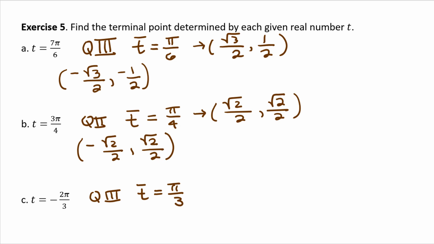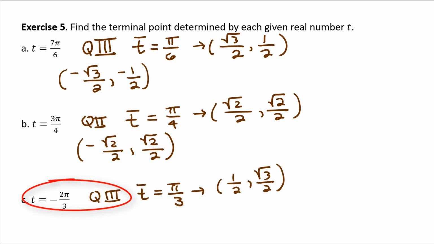From the table, we know that the terminal point that corresponds to this is (1/2, square root of 3 over 2). Now, making an allowance for the fact that negative 2 pi over 3 lies in the third quadrant, the terminal point would then be (negative 1/2, negative square root of 3 over 2).